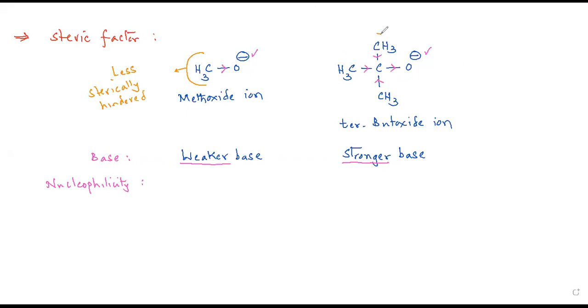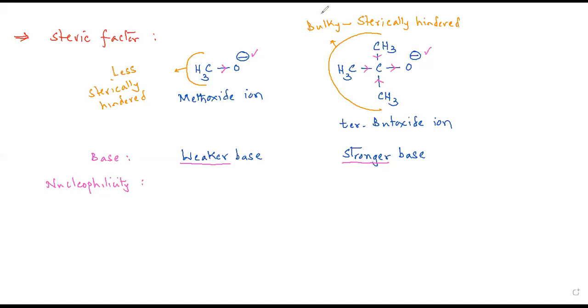Whereas this one, being bulky, more sterically hindered, cannot approach the electron deficient carbon that readily or that easily. So approachability is more for methoxide and it is less for this tertiary butoxide.